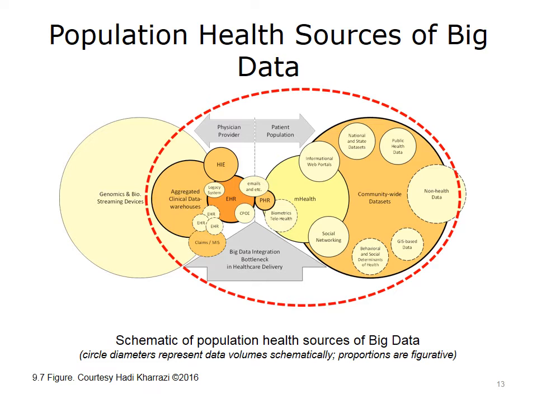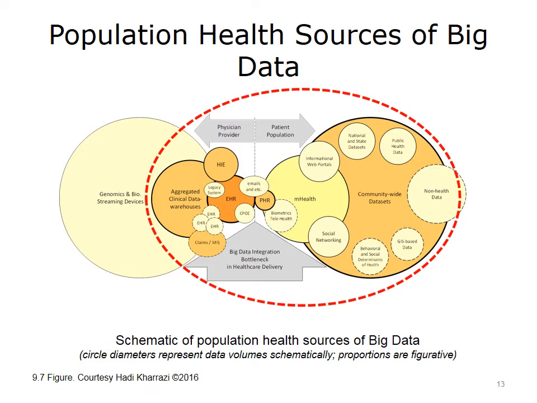The clinical data sources include EHRs, health information exchanges, HIEs, and insurance claims, among others. The patient and community-centered data sources include mHealth devices, personal health records, PHRs, web portals, and community-wide datasets, among many others collected on various levels.